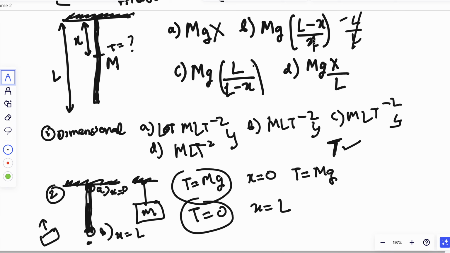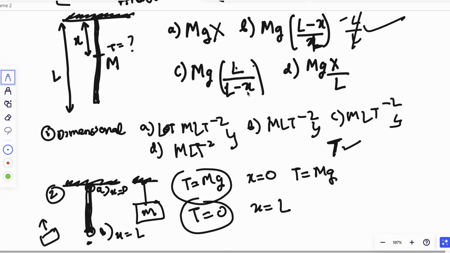Now this I will check once. This option was, I think, L here. So mg times (L minus x) by L. Where x is equal to 0, I get mg. Where x is equal to L, I get 0. Perfect. But let's check if the examiner is smart and the boundary conditions are also the same in the other equation.